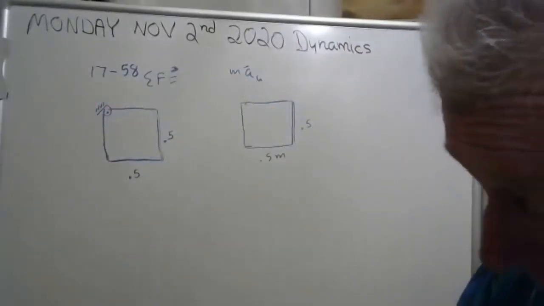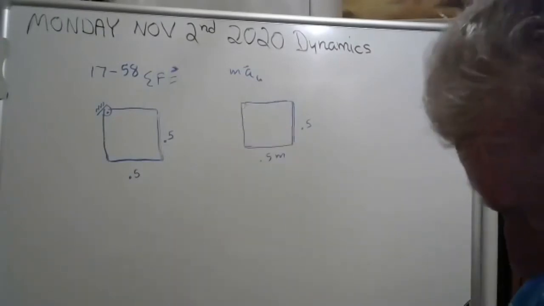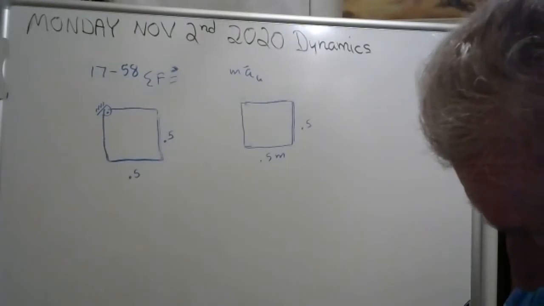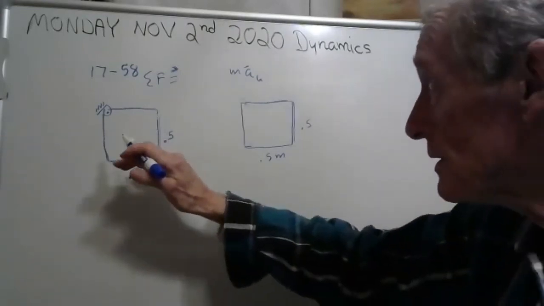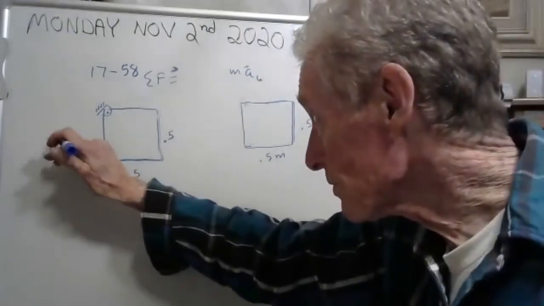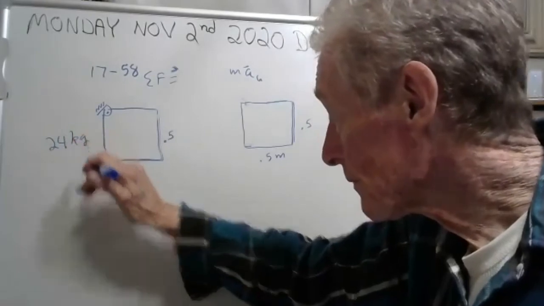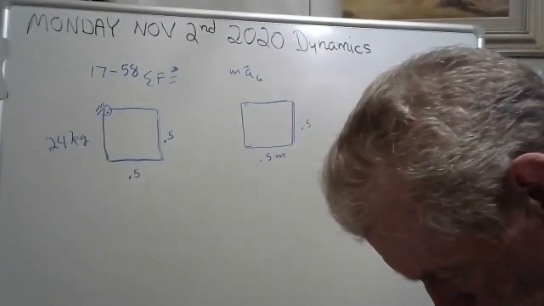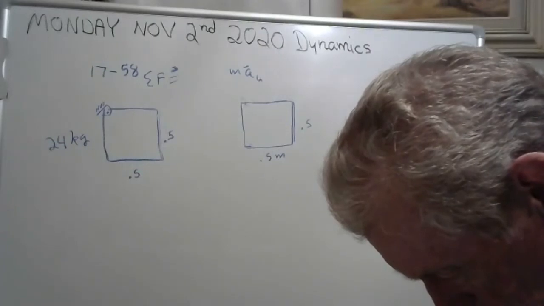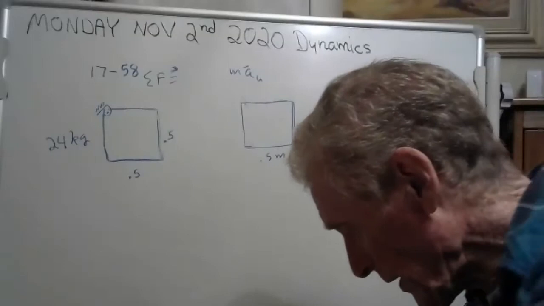These are called kinetic forces. Okay, and this is a 24 kilogram plate. So let me write that down someplace, 24 kilograms. It's released from rest. They want the angular acceleration and the reactions at the point. Okay, so we'll do that.